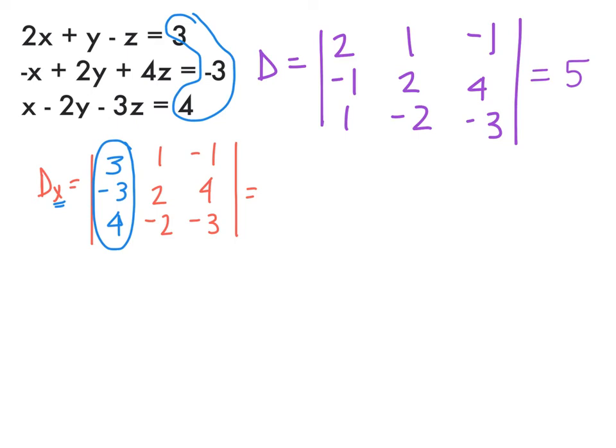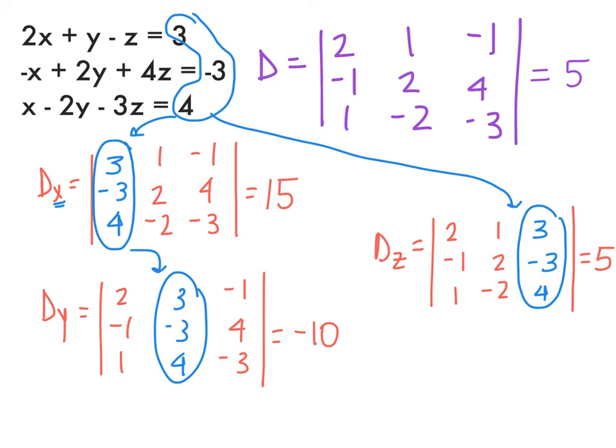For this x value, I'm going to replace the x column with the constants, because I'm looking for the determinant of x. I'm going to work some movie magic here and find the determinant of that. The determinant of the x matrix is 15, and I'm going to do the same process for the determinant of y and the determinant of z.